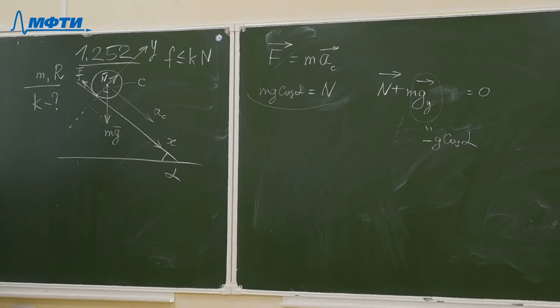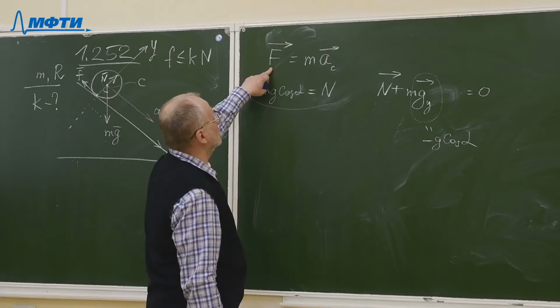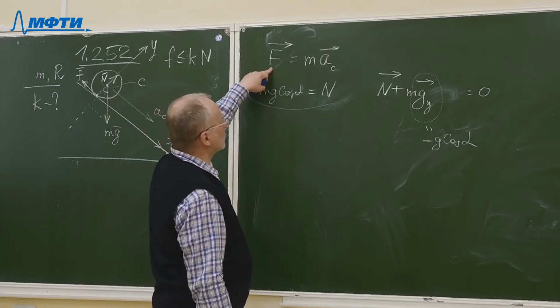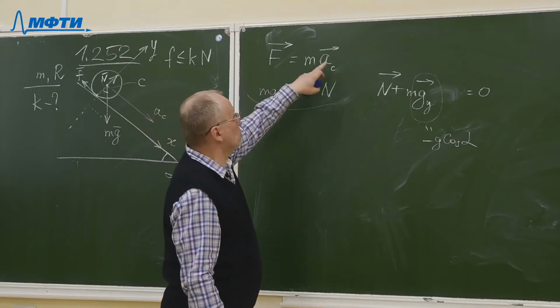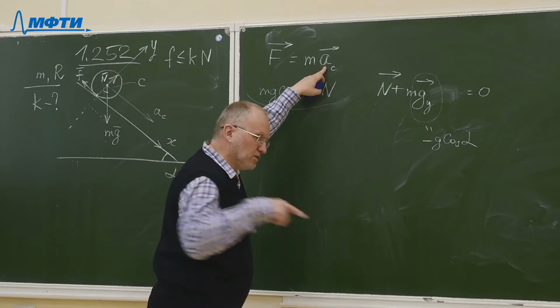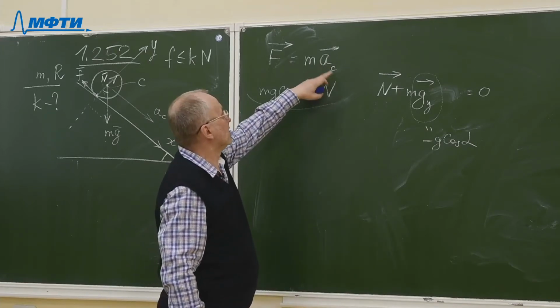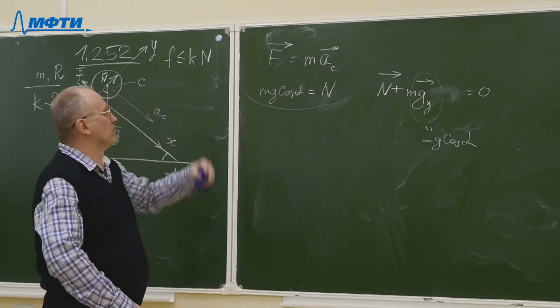So we know something about the forces involved here. We know something beforehand. Before solving the problem, we know a lot about forces, because we are sure that the acceleration of the center of mass is directed along the surface. It can have no other direction. That's for sure from the beginning, before we solve the problem.